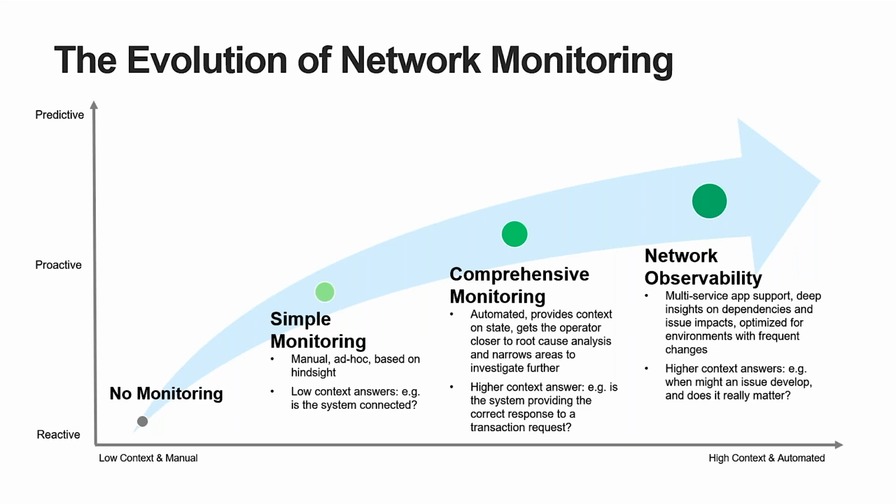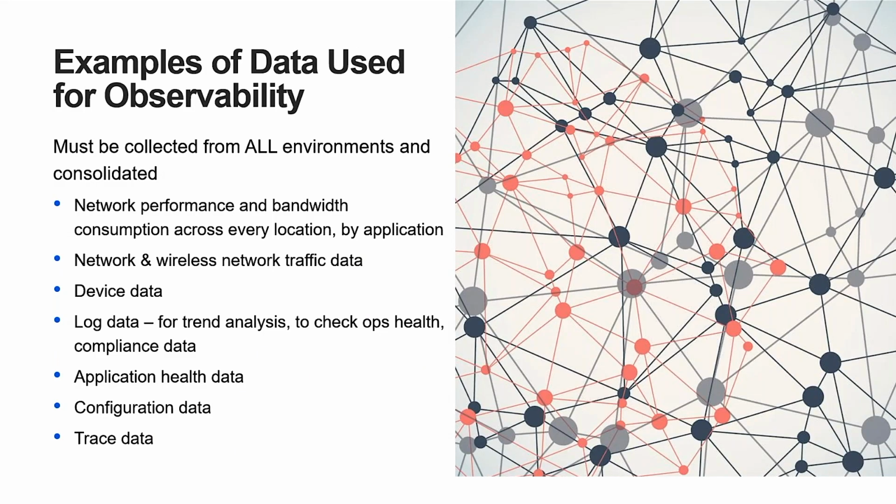So that's the evolution. Let's talk about the types of data that are collected in this. You can see a whole list here, everything from network performance and bandwidth consumption, and that's across the entire network, to things like wireless, collecting log data, collecting configuration and application health data, all different kinds of data from your devices, and trace data as well for applications.